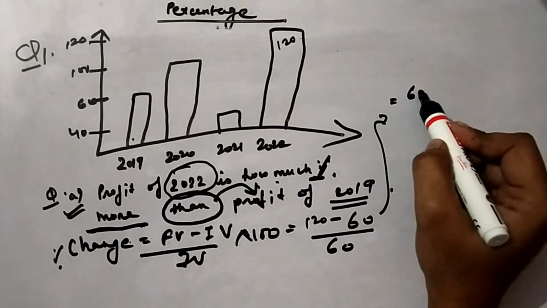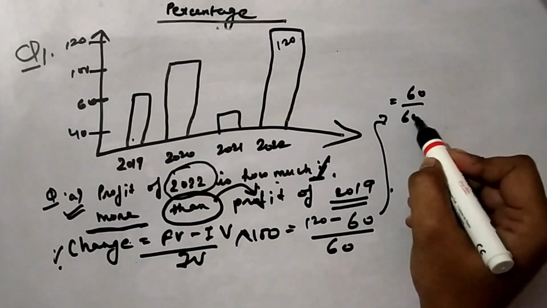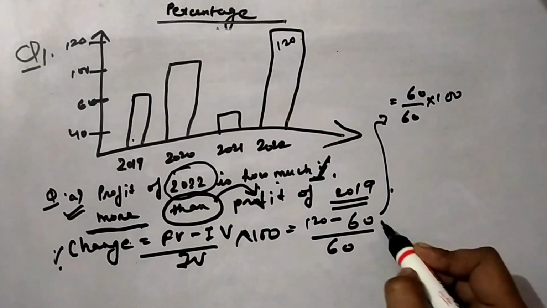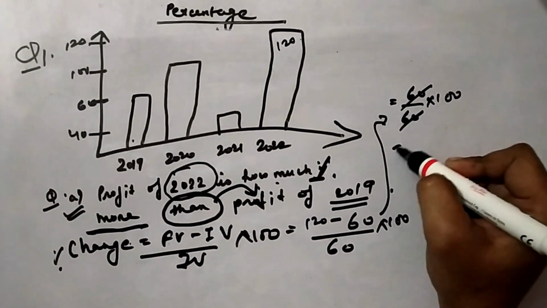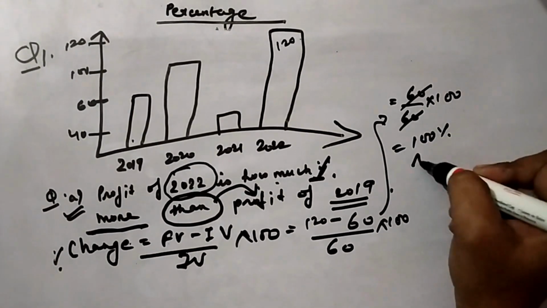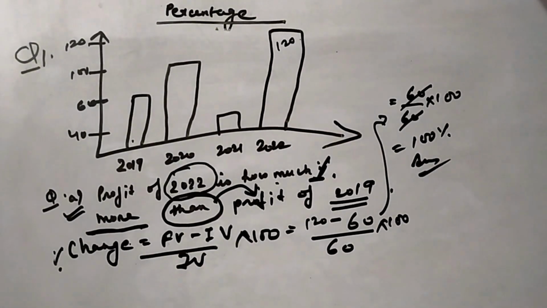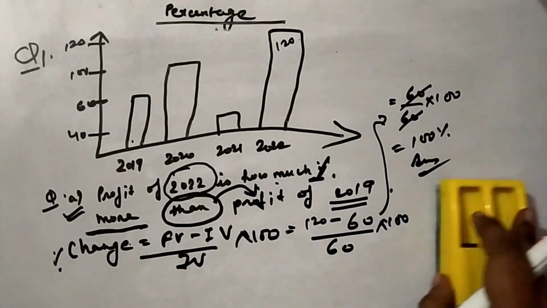So 120 minus 60 will become 60 upon 60 into 100. 60 cancels 60, 100% is the answer. So in this way we will apply the concept of change.